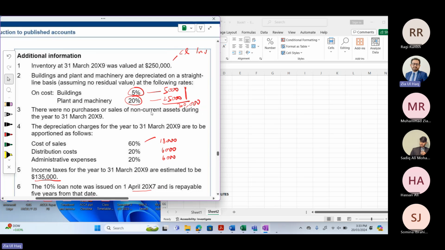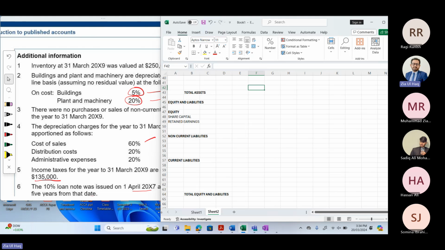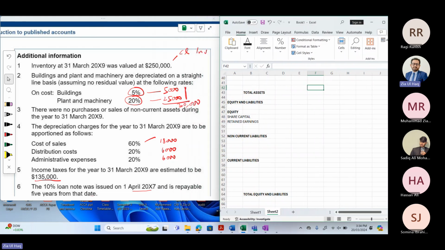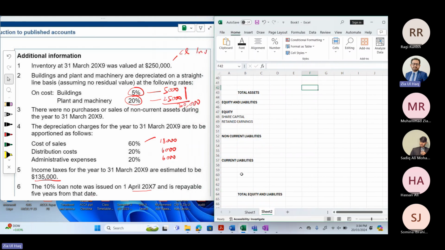There were no purchases or sales of non-current assets during the year. Okay, we have put it 000. No issue with that. If there are no purchases or sales, we have calculated accordingly. The depreciation charge: now we need to charge depreciation 60% to cost of sale, 20% to admin, and 20% to distribution expenses.